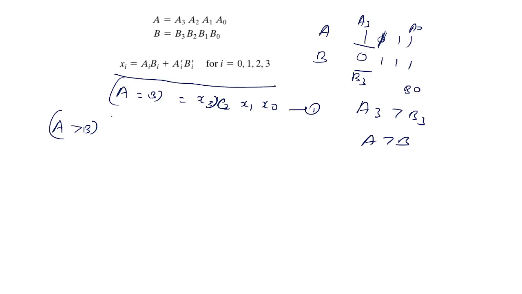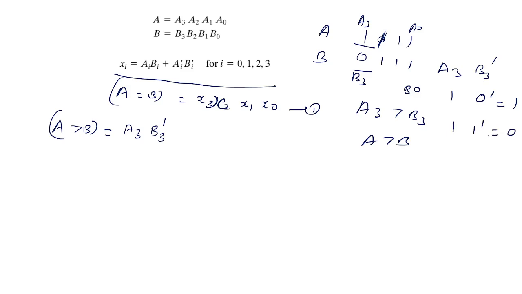So how can I do it? A3 B3 prime. With this I can check the A3 bit. How is it possible? A3 B3 prime is written here. If A3 is 1 and B3 is 0, then only the result will be 1. If B3 is any other value, for example if B3 is 1, it will become 0.